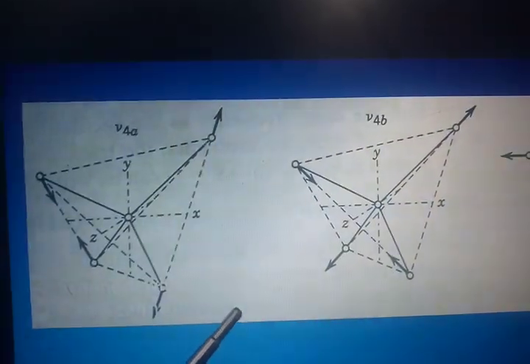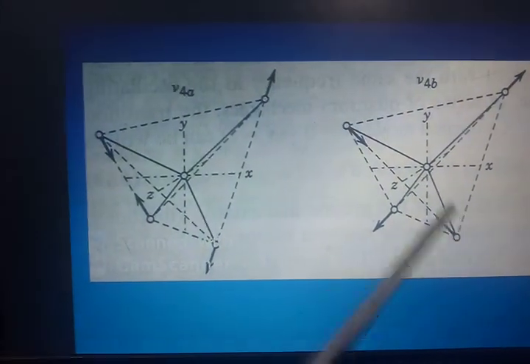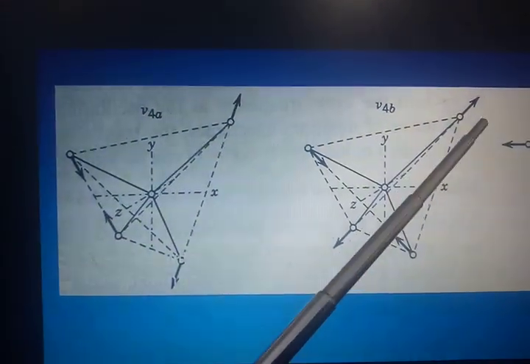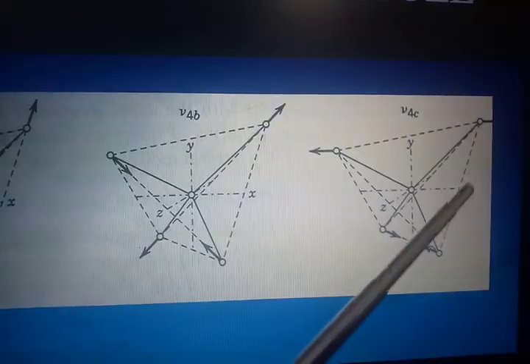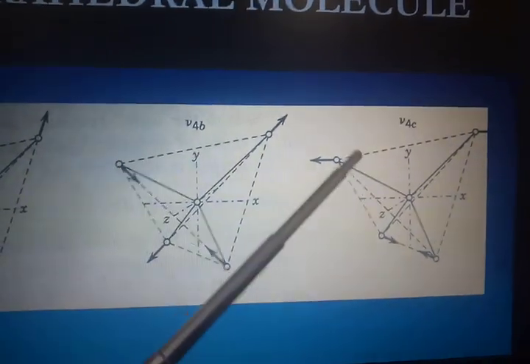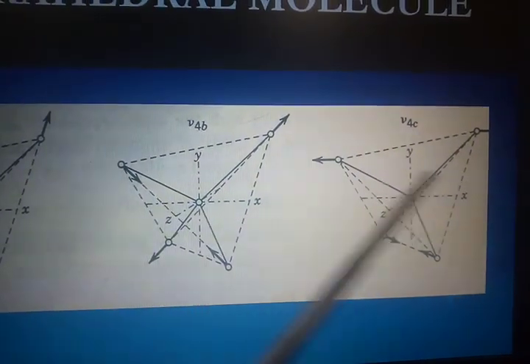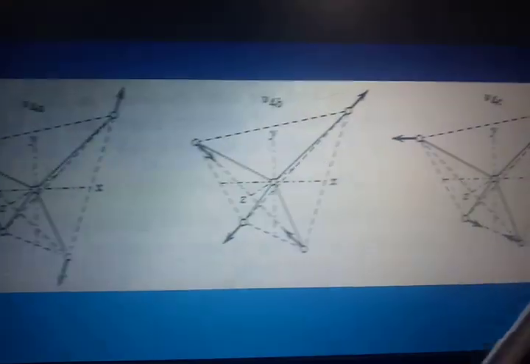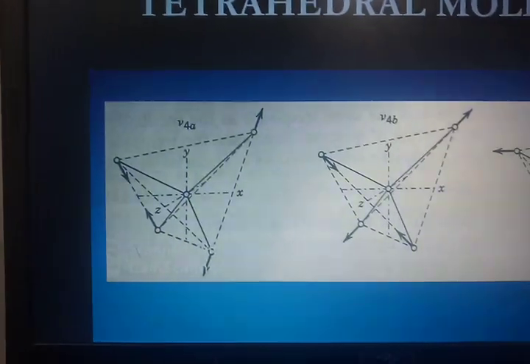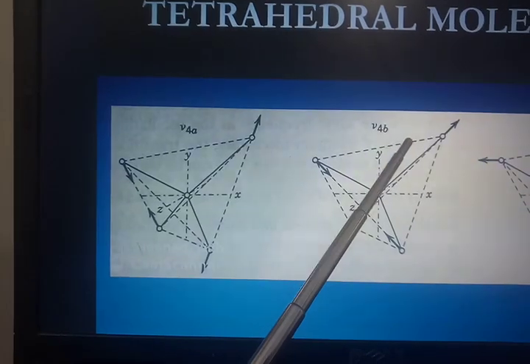In the second case, again two hydrogen atoms are moving towards each other, while the other two are moving away. And in the third case, again the same. So these are again bending modes of equal energy, which will be designated by nu4.